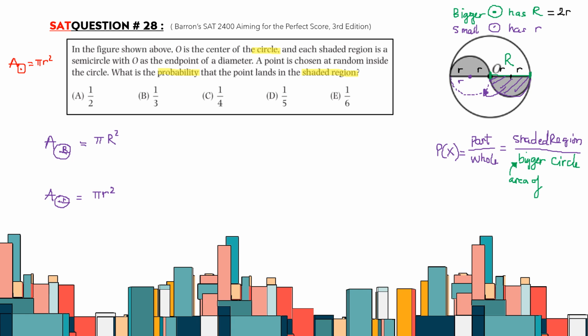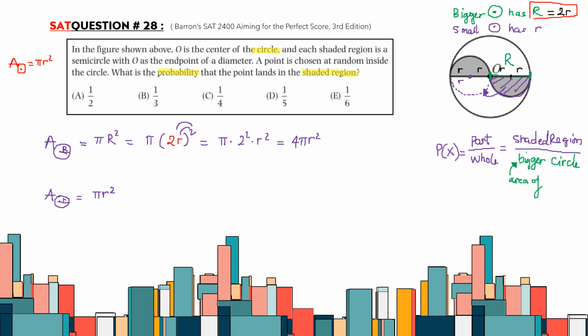Now we have to convert the big R into small r. We have pi, and the big R is 2 little r, so pi times (2r) squared. Simplify this one, we distribute the 2 inside, we have 2 squared times r squared. Now simplify again, 2 squared is 4, so 4 pi little r squared.